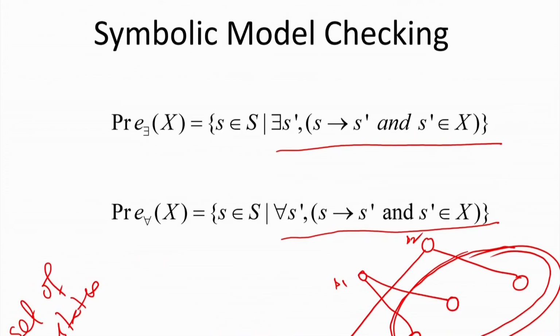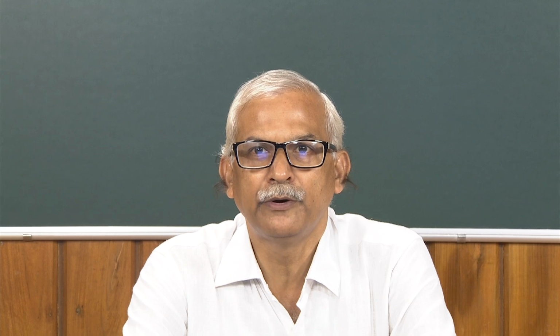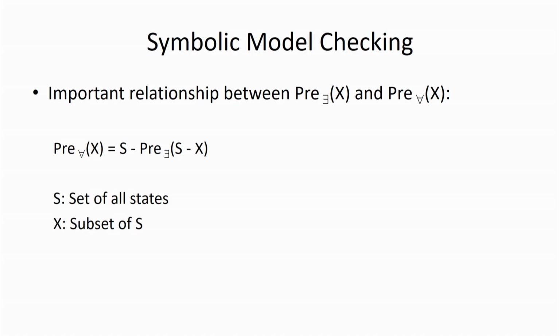So, we are going to look at that scenario. Again, we have seen one important relationship between pre-exist x and pre-forall x. The relationship is that pre-forall x is equal to S minus pre-exist (S minus x), where S is the set of all states.